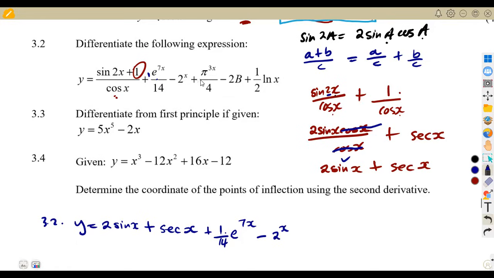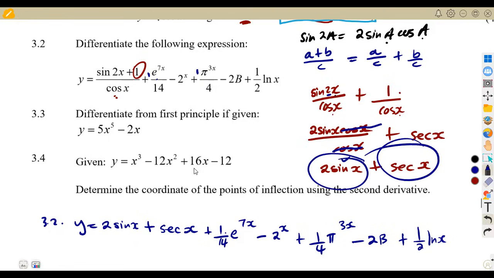Also here you can just write as 1 over 4, but it's fine as it is, plus 1 over 4 pi to the exponent of 3x and minus 2b. There's nothing wrong here. Half ln x, also there's nothing wrong. Just gonna rewrite because of this part that we have to rewrite. But if you wanted, you can just, after rewriting, then differentiate this. It's fine for us also to just work it stage by stage.